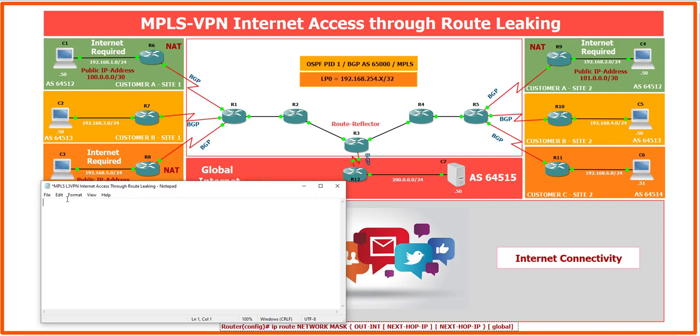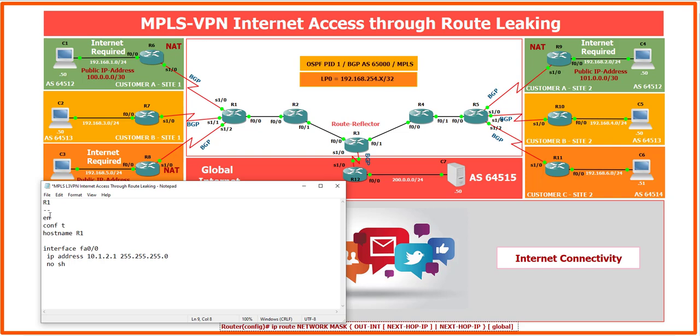Let me start the configuration from router 1. This is router 1. Okay, first in router 1, we need to configure the IP addressing. Okay, enable, then conf t. For example, we can configure the host name first. Host name is R1. After that, we have interface FastEthernet 0/0 with the IP address of 10.1.2.1 255.255.255.0, and then no shutdown.